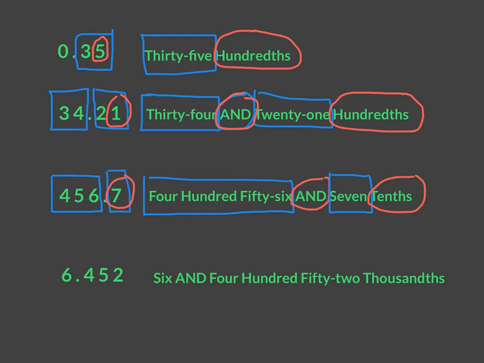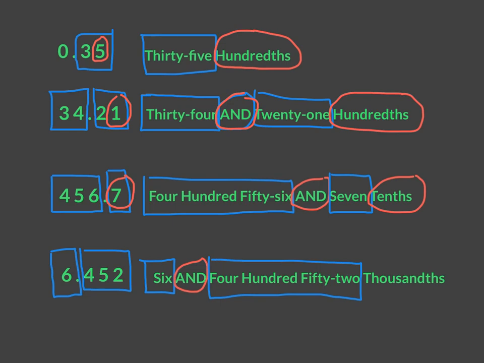Let's look at our final example, 6.452. We begin by reading the number to the left of the decimal, 6. The decimal is represented by the word "and." We read the number to the right of the decimal, 452.